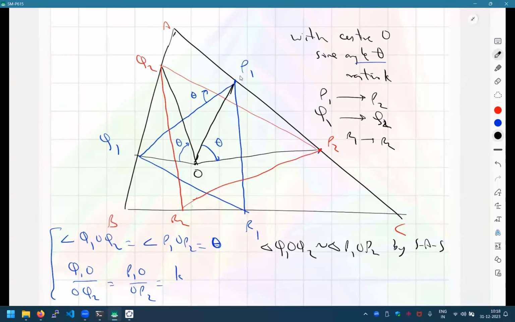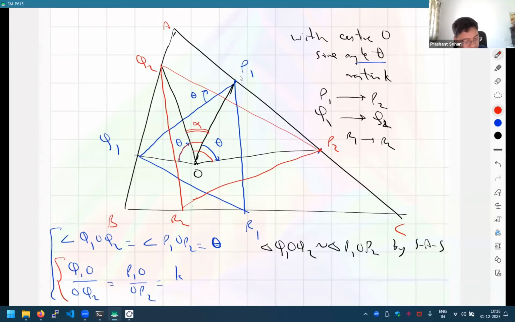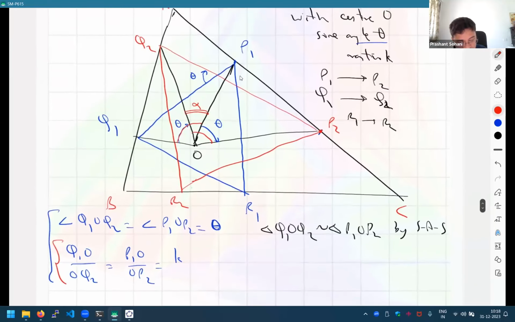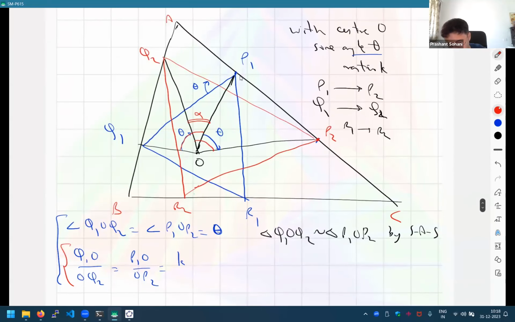P1OQ1 and P2OQ2, yes, correct. Because the angle between is common, right? If I just give some temporary name alpha, then this theta plus alpha is coming here also and here also, and you can just rearrange these terms to give us the other similarity.